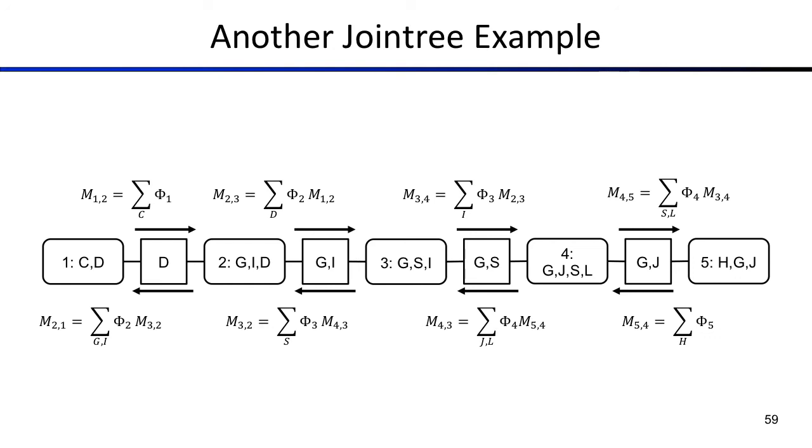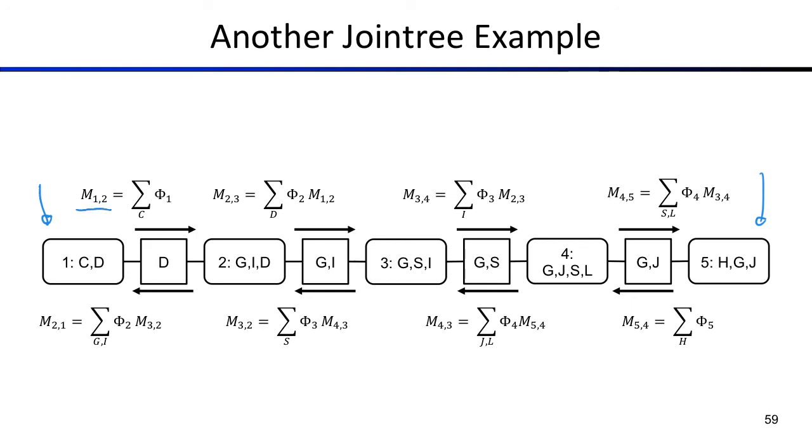So for instance, what is a common mistake that people make when they are implementing this algorithm for the first time? We need to start from somewhere, and usually we start from this node or this node. These are peripheral nodes that don't need to wait for anyone to send them a message in order to start. So let's suppose that we send the first message, message 1 to 2.